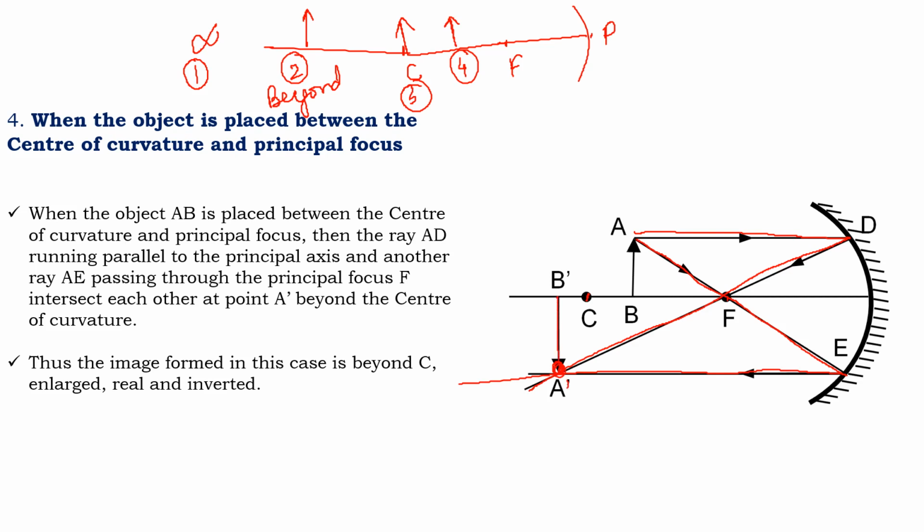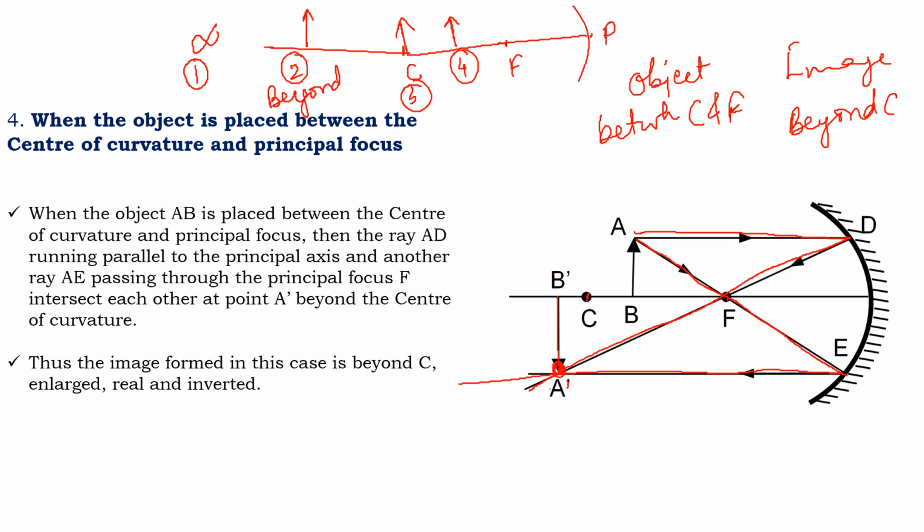Join it to the principal axis, B dash and A dash. Now here, where is the object? Between C and F. And where is the image formed? The image is formed beyond C. Remember, beyond C, the back side of C. That's what you have to remember.